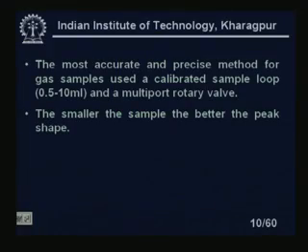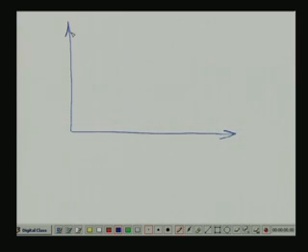The smaller the sample, the better the peak shape, as I told you. The peak shape should be better and better. Let us look at how the peak should look. The ideal peak, suppose I have two components, and time is along the axis, 1, 2, 3, 4.